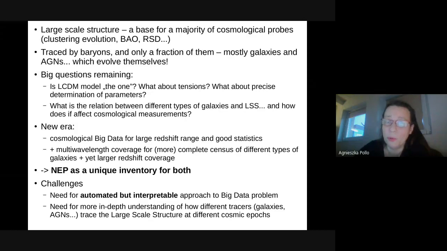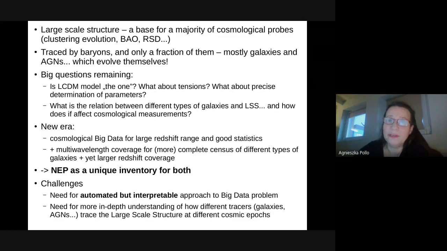going to go there. The point is that observing galaxies and other sources like AGNs, we need to keep in mind that these objects are not bad tracers of the underlying dark matter field, but they are very biased tracers, meaning they trace the dark matter field, but not exactly accurately.